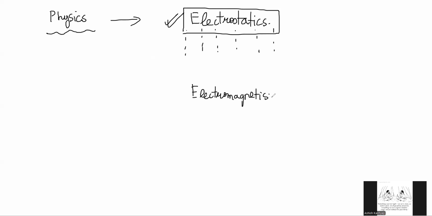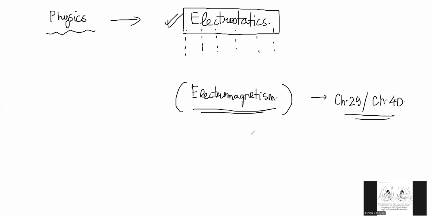So electromagnetism basically covers like chapter 29 to chapter 40 in HCV. Yes, sir. One-fourth portion. So this is very important part of the syllabus. We'll start with that. We'll come back to mechanics later, but our first priority will be finishing electromagnetism properly.